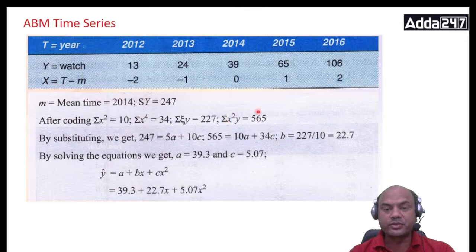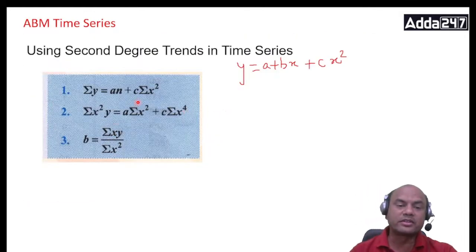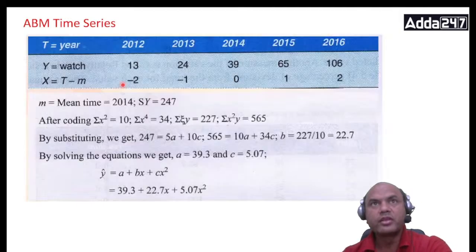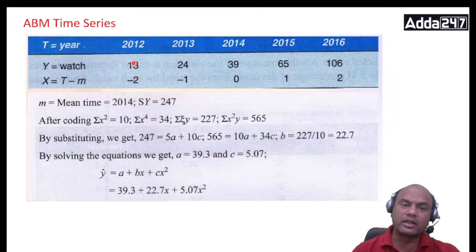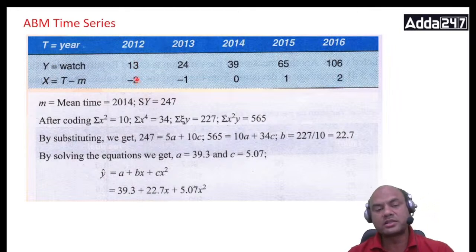Similarly, summation x square y. Why this x square y? Because you require it over here. Whatever is required over here, you will do the total. Keep it very simple. So now, summation x square y. Do the x square: minus 2 square, 4 into 13, so 13 4s are 52.